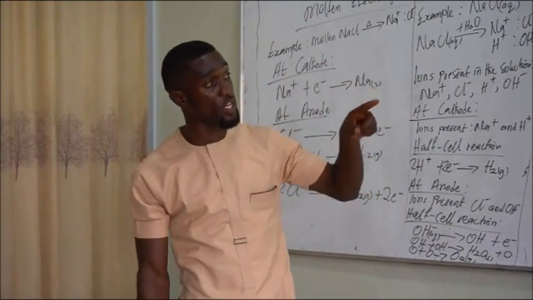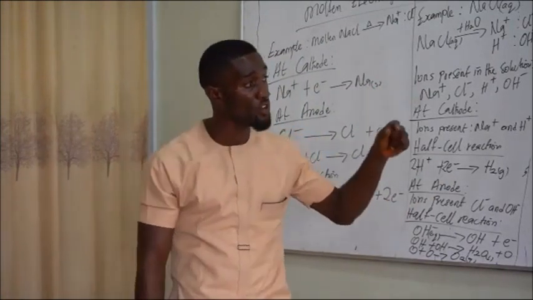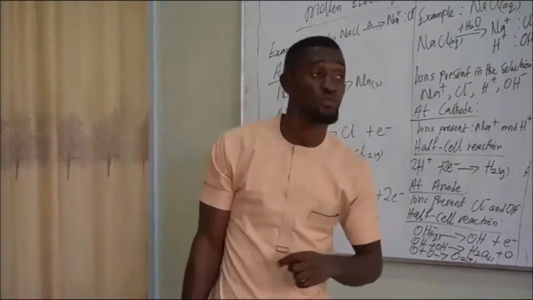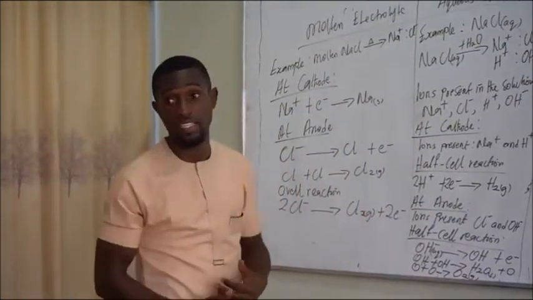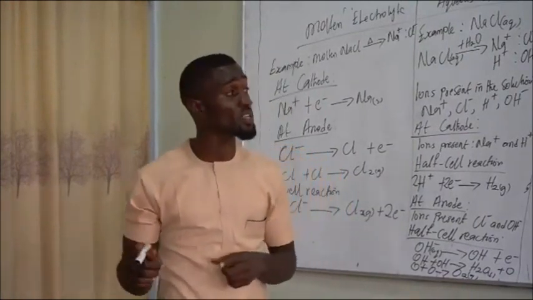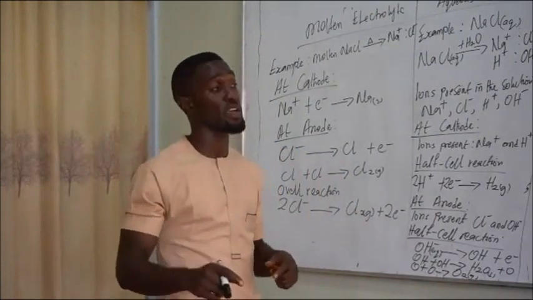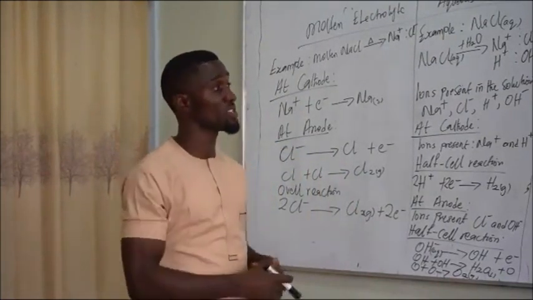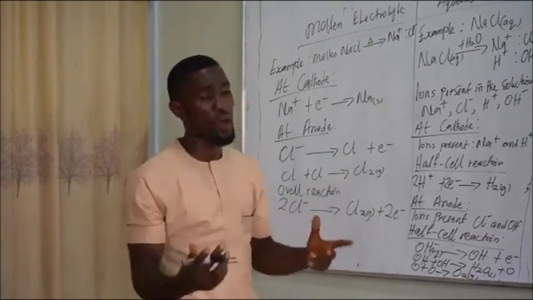Now, when you look at the nature of the electrode, you have inert electrode, active electrode, and use of mercury as the cathode. Now, inert electrodes. What are inert electrodes? The inert electrodes are those electrodes that don't take part in chemical reaction during electrolysis.